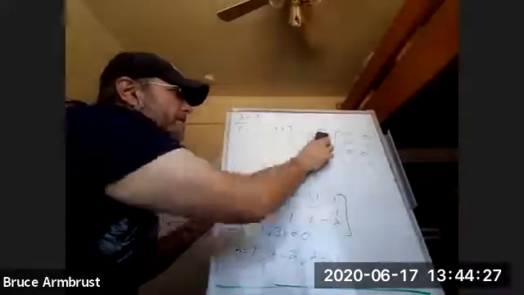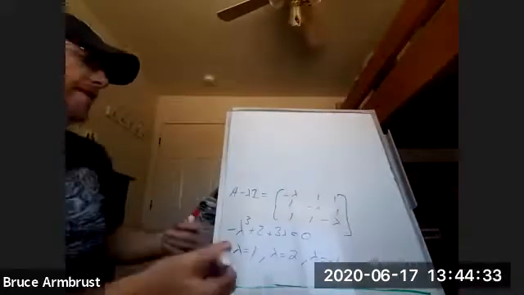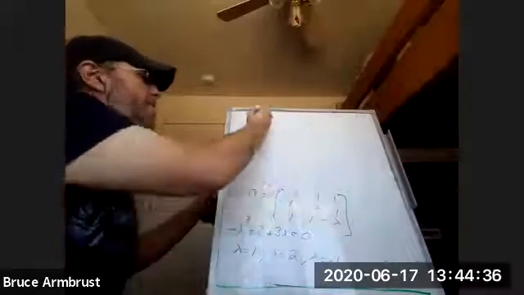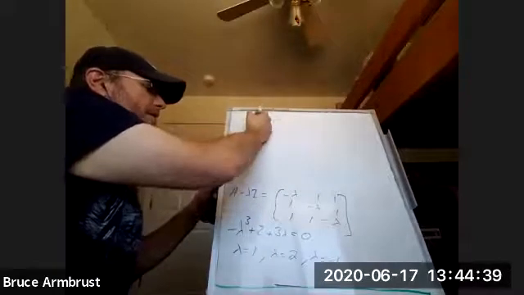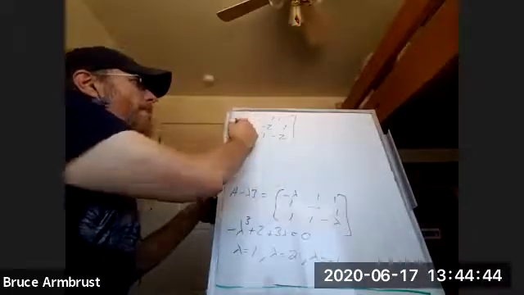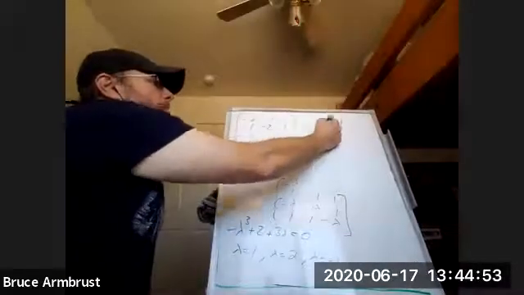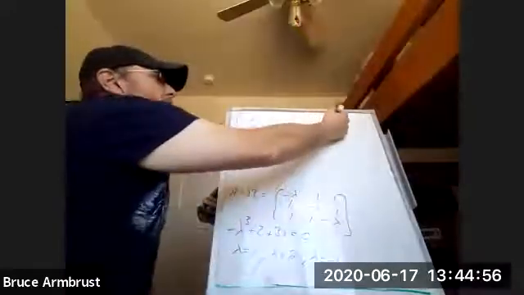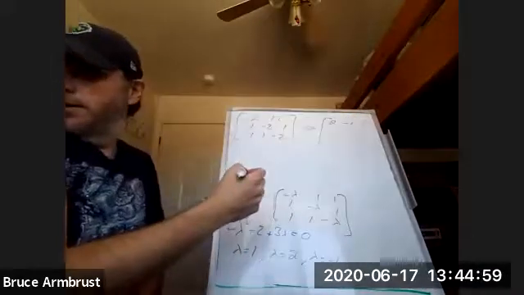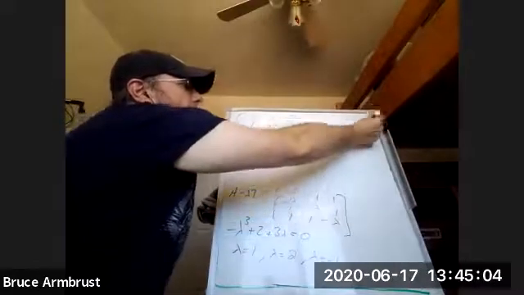Okay, so let's go to lambda equals 2. And I apologize because I don't have enough space if I want to keep this matrix, which I definitely do. So lambda equals 2, same deal as before, right? That'll give us a -2, 1, 1, a 1, -2, 1, and a 1, 1, -2. Again, you can go ahead and get this into RREF. Doing so, you get 2, -1, 1, 0, 1, -1, and 0, 0, 0.